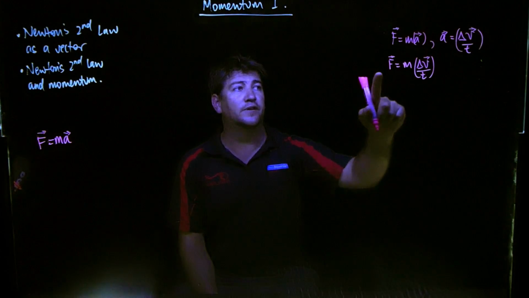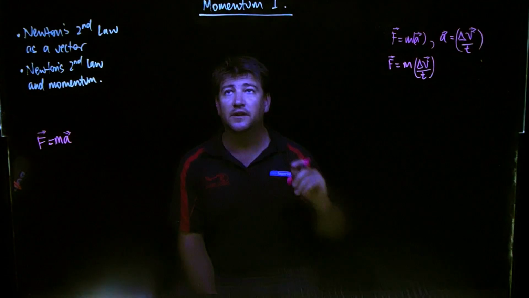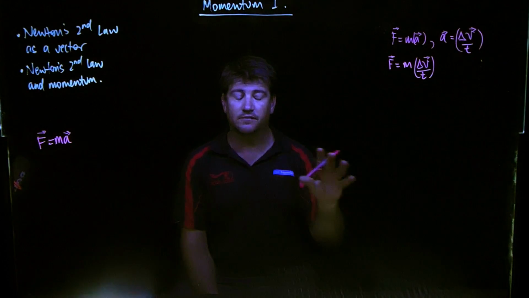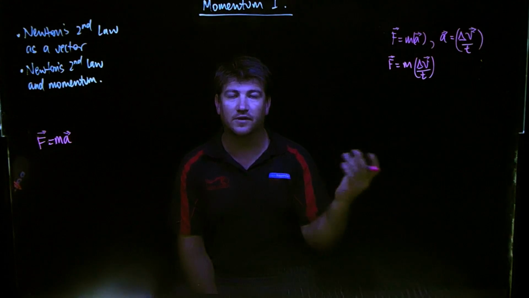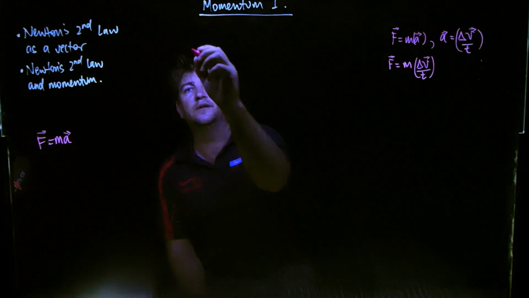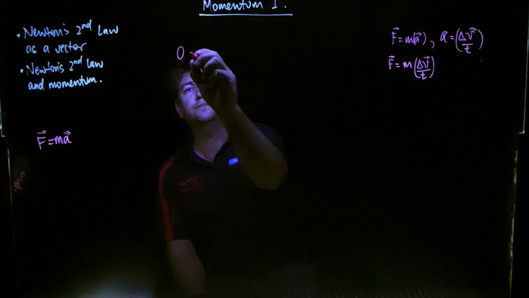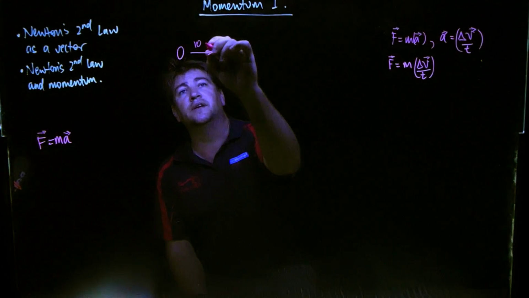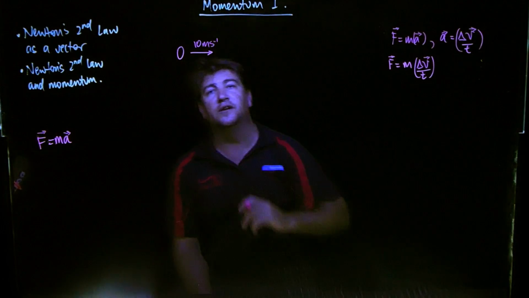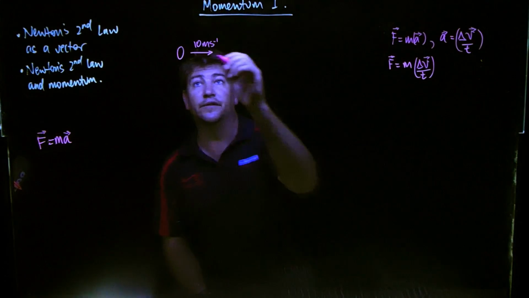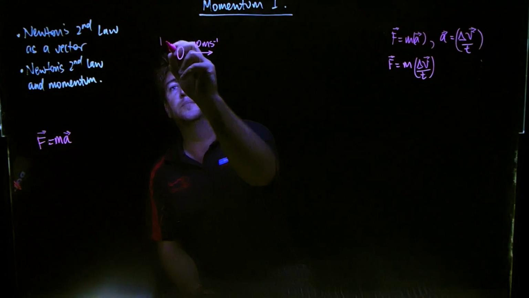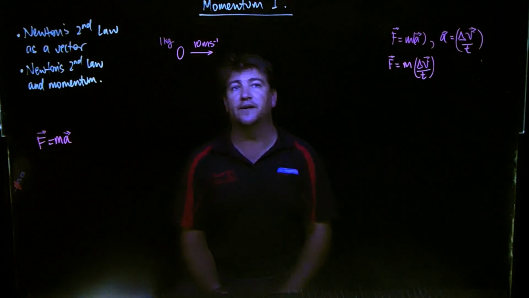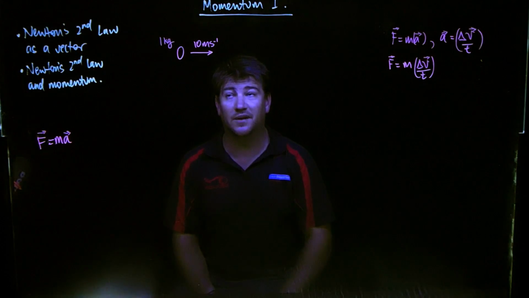Alright, in terms of particles colliding though, it's a little bit different. It's pretty much the exact same maths, the numbers just come from slightly different places. So I want you to imagine a ball. And this ball is moving at 10 meters per second because it hasn't been thrown very fast, and I'm going to make the ball a kilogram in mass just because it's going to make the maths a lot easier.